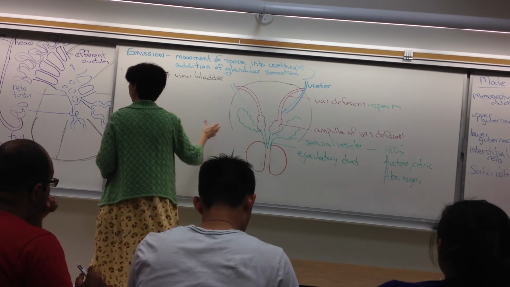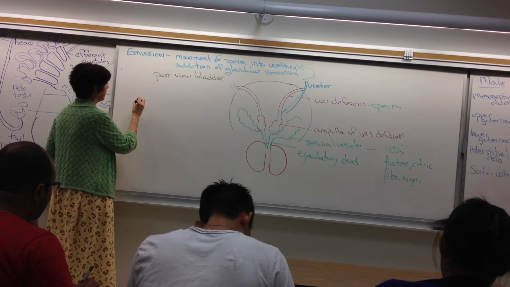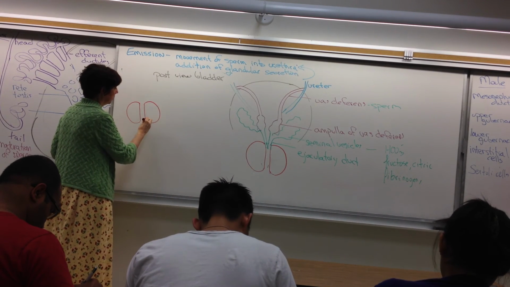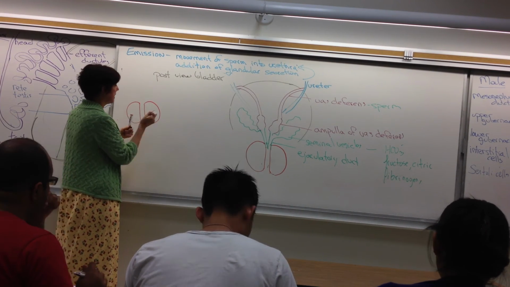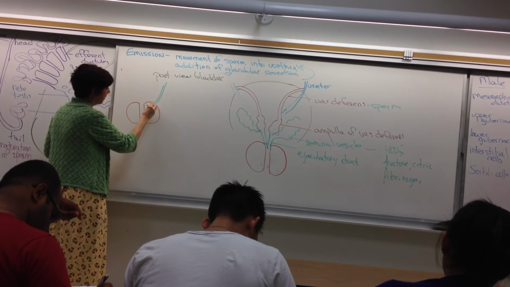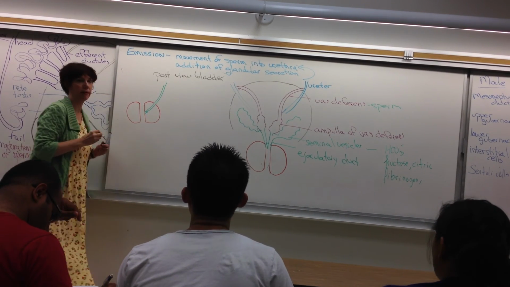If we were to look at this on a sagittal view, this is a sagittal view of the prostate gland, we would have the ducts coming in posteriorly, passing through the prostate gland and opening into the urethra in that fashion.